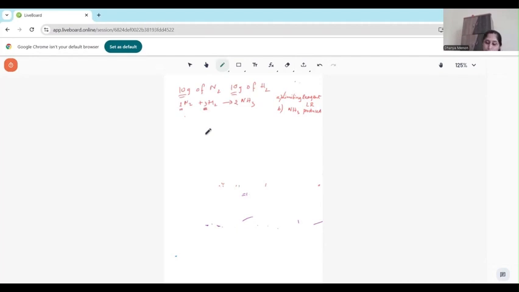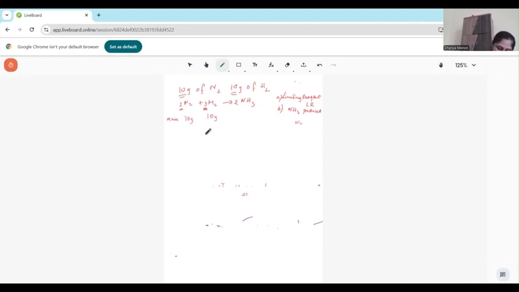Now let's check out how to find out the limiting reagent. First, write down the given masses. How much nitrogen is given? 10 gram. How much hydrogen is given? 10 gram. The mass of nitrogen is 14, hydrogen is 1.